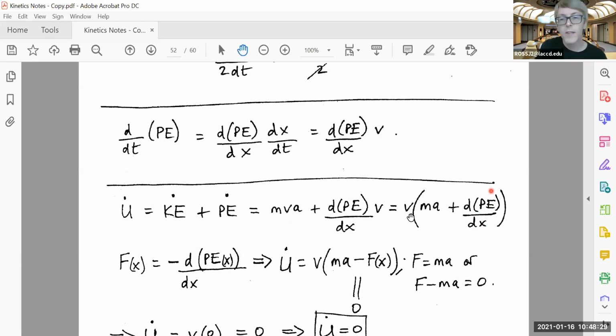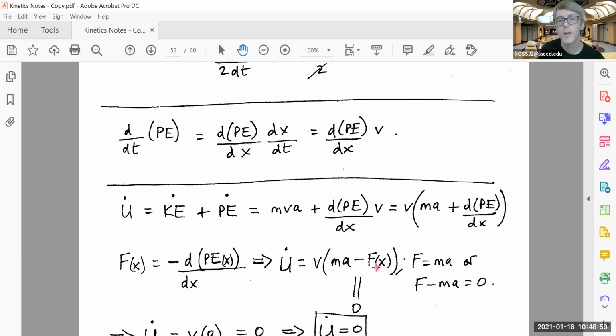Well, we know that the definition of force is the negative of this term. So by definition, the force at a location x is the negative of the change in potential energy at that location per unit x. So we essentially have this U dot, the change in total energy, is v times our ma from here, and then we can replace this plus term here with minus force.